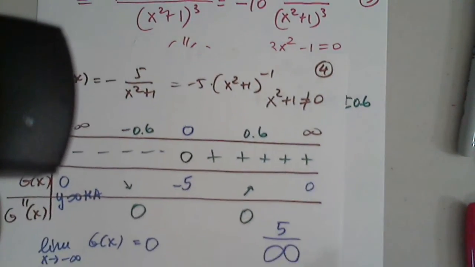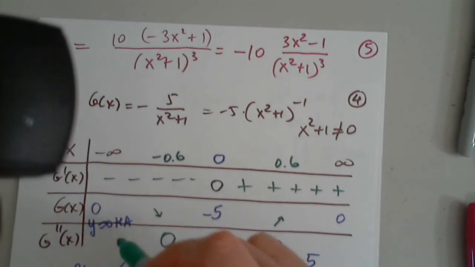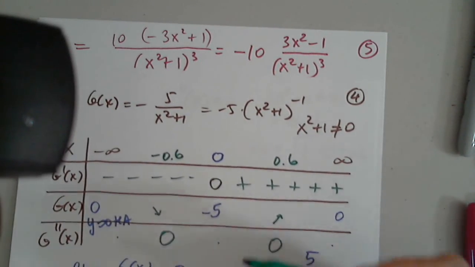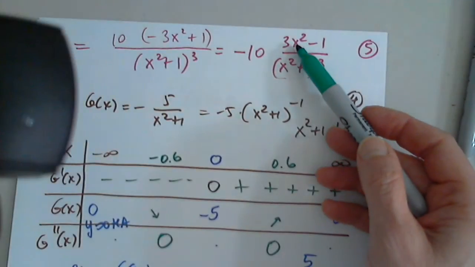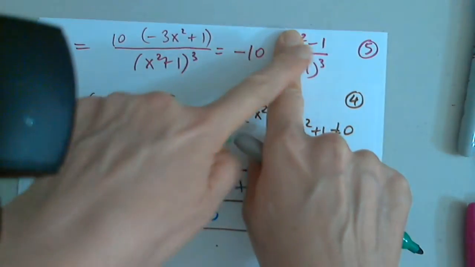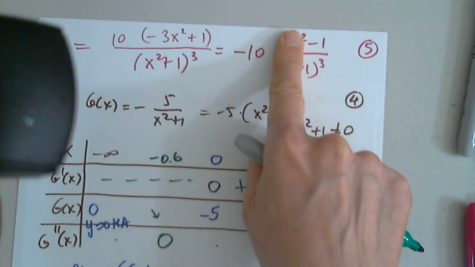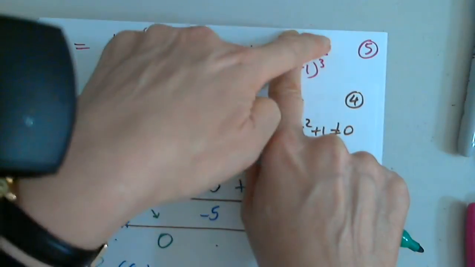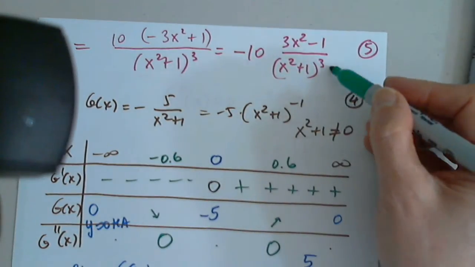Okay, so I need to find a sign here, here, and here. In the middle, I will plug in 0. So with 0, the top has what sign? Negative. One more time. Positive. Good. Negative 10 times negative 1 is positive, and the denominator is always positive.